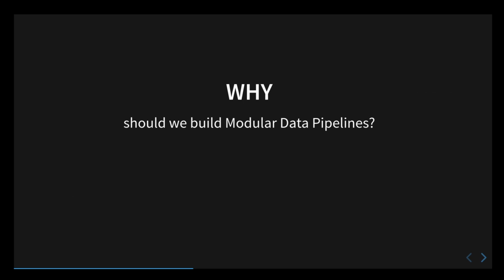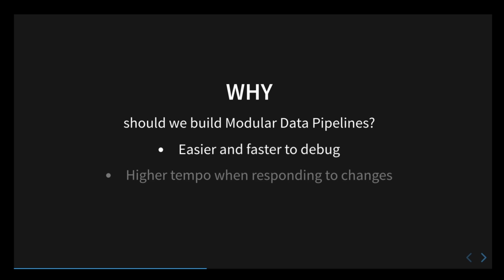Why should data pipelines be modular? Again, they're easier and faster to debug. You can respond to changes more quickly. And again, this gives our data consumers confidence in us and confidence in our solutions. They're more maintainable because, especially in data engineering, it's very common that the specifications will change.